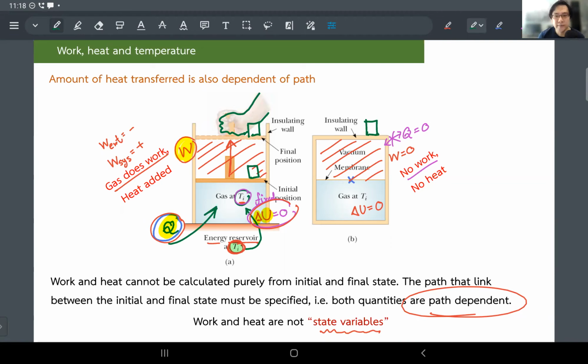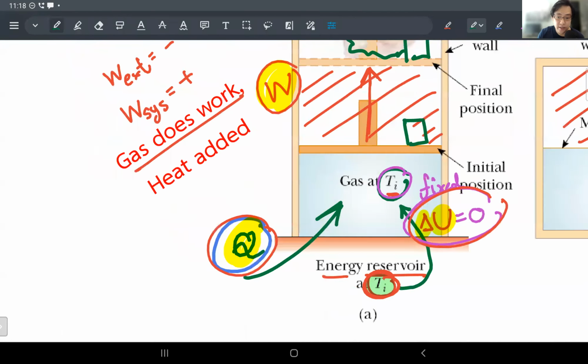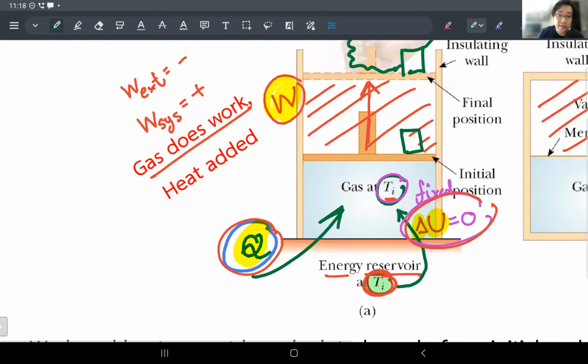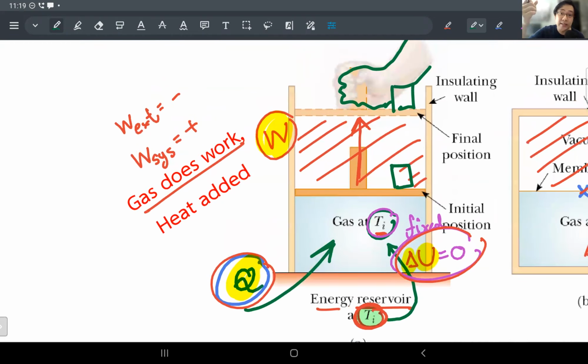Does that make sense? At the end, what you care about is how the gas is being changed. For example, in this case, we are focusing on the gas during the expansion. The expansion might come from a hand pulling the piston up, or you do something with the gas, or the gas is about to expand in the first place, and you just take a video looking at the expansion of the gas.